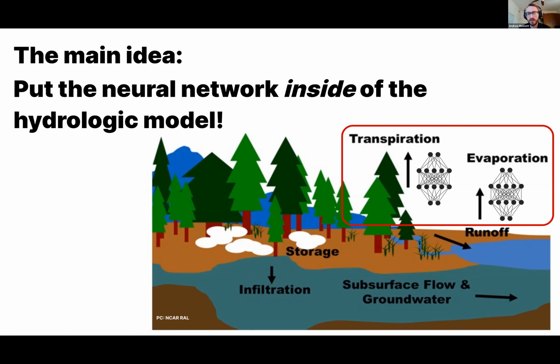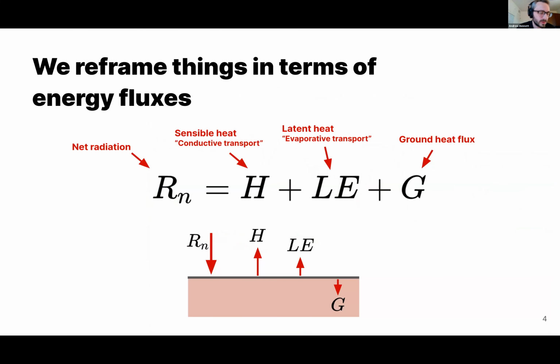Here I have it highlighted as transpiration and evaporation, but I'm actually going to quickly reframe things in terms of energy fluxes rather than mass fluxes. The energy balance at the land surface can be represented in this simple schematic where you have net radiation incoming to the land surface, and then that's partitioned into a sensible heat flux, which is conductive heat transport, a latent heat flux, which is evaporative transport, the counterpart to evaporation and transpiration from plants.